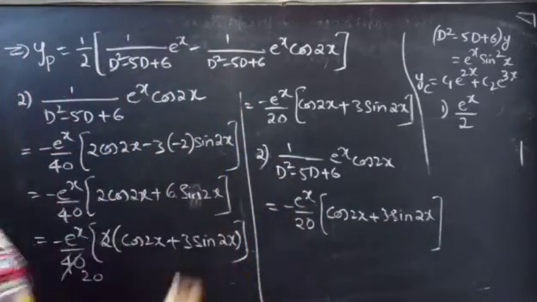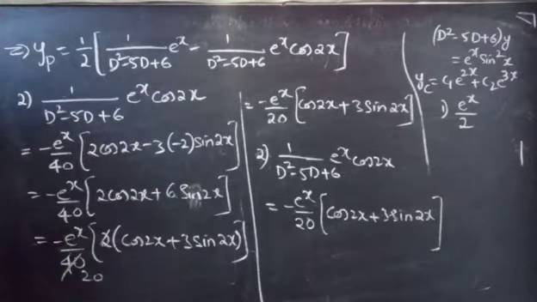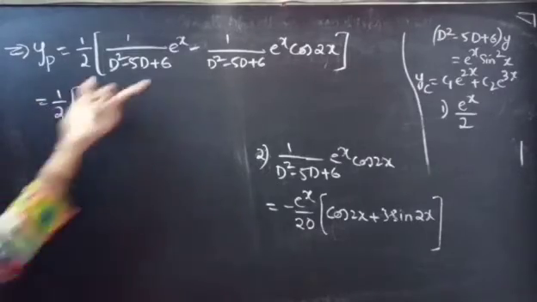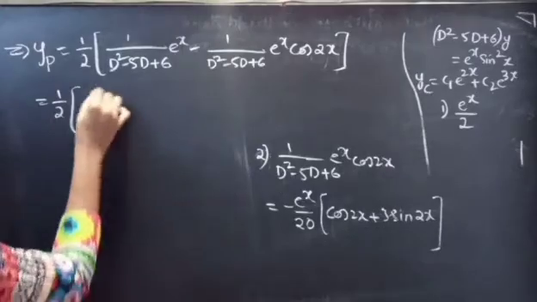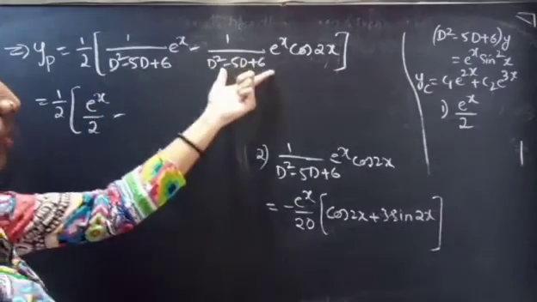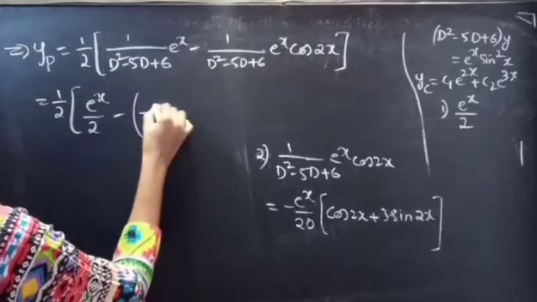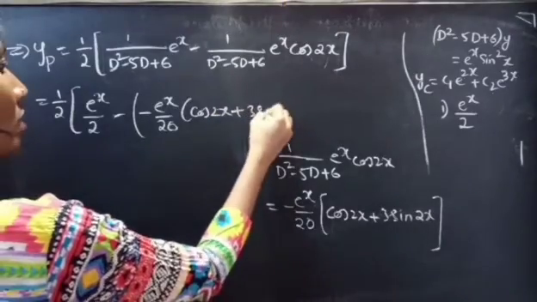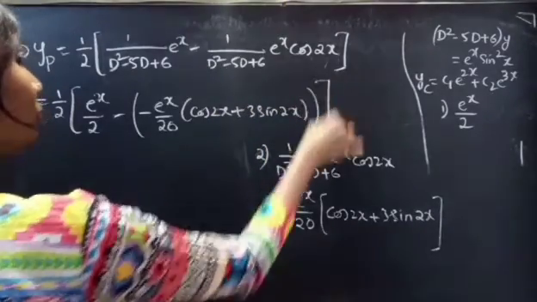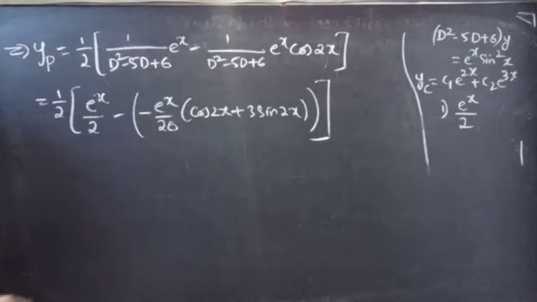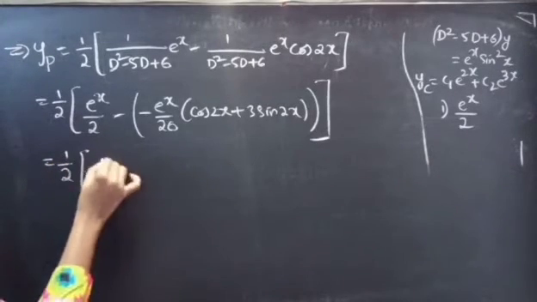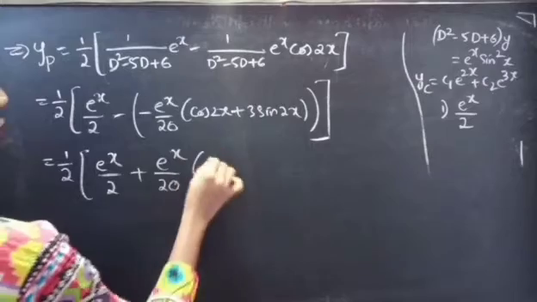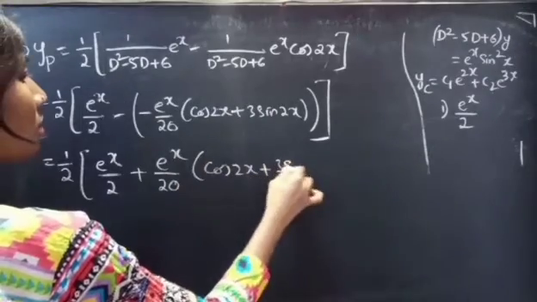The second one. Now coming to yp. Yp becomes 1 by 2 into the result obtained from the first term, e power x by 2, minus the result obtained from the second term, minus e power x by 20 into cos 2x plus 3 sin 2x. Which is equal to 1 by 2 into e power x by 2, minus into minus is plus, e power x by 20 into cos 2x plus 3 sin 2x.